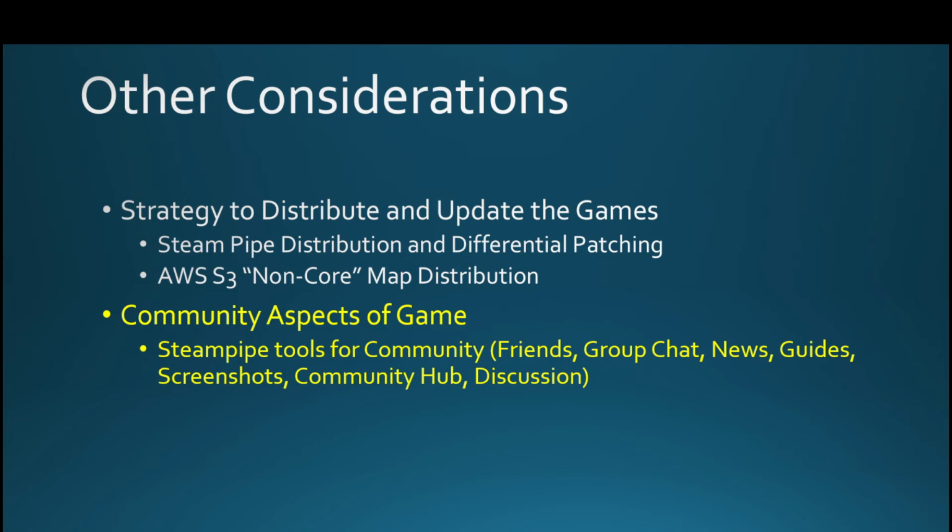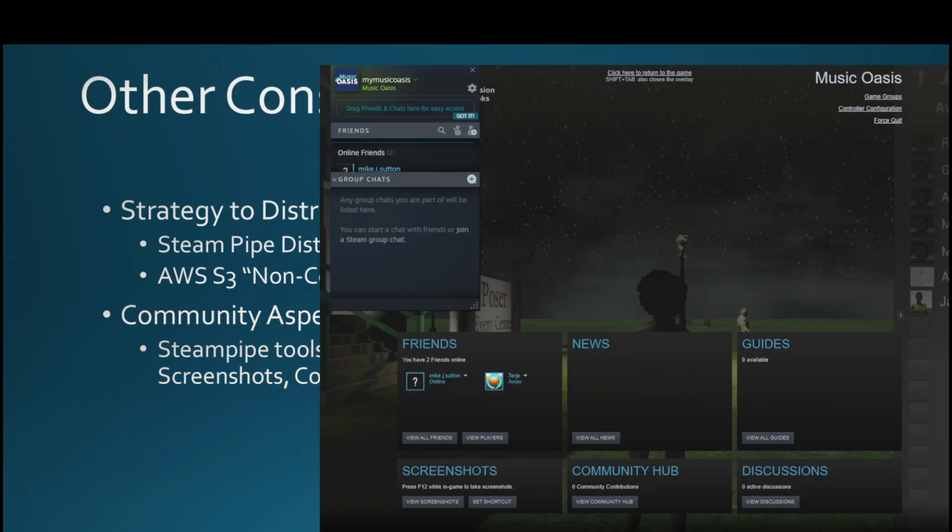We'll have our specific ones for myMO in there. And here's an example of what that looks like. If you're in the game and you hit Shift Tab, you're brought into the overlay from Steam that allows you to look at your friends, your group chats, your news, guides, and all that.